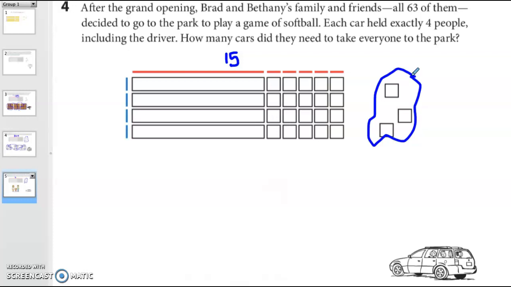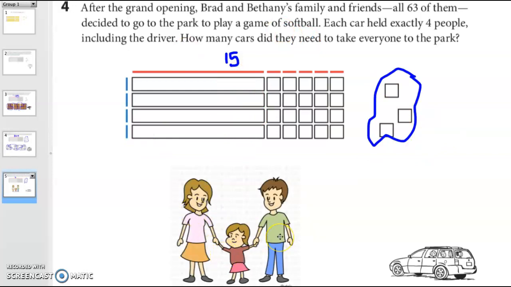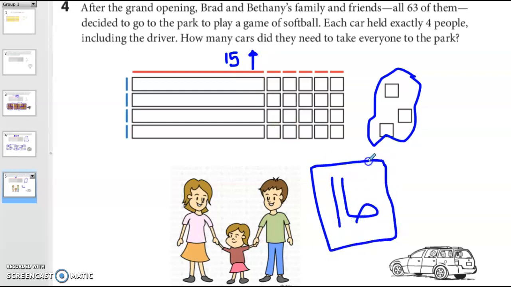No. In this situation, we're not going to split up the remainder. In this situation, we need to round up because these 3 people need to get to the park. So instead of 15 cars, we need to round up and we are going to take 16 cars instead because we cannot put fractions of people into different cars.